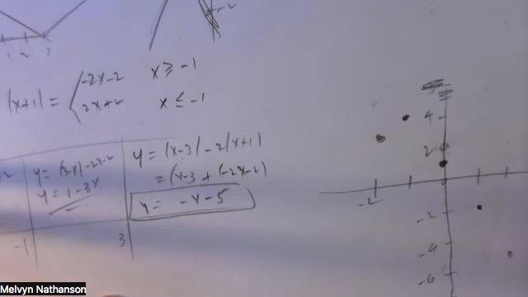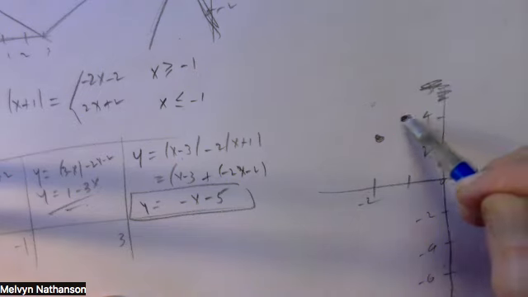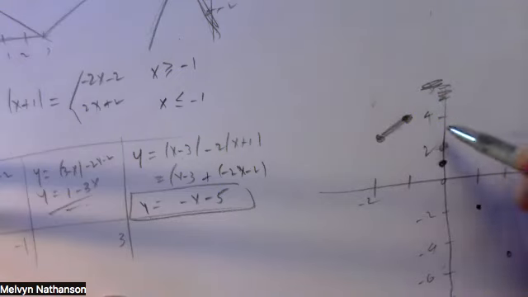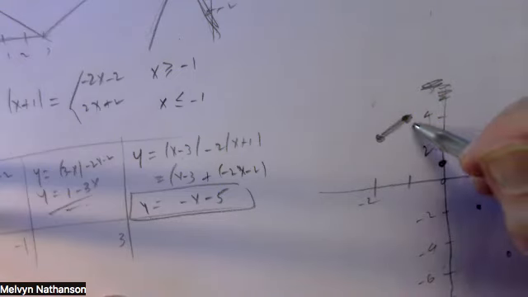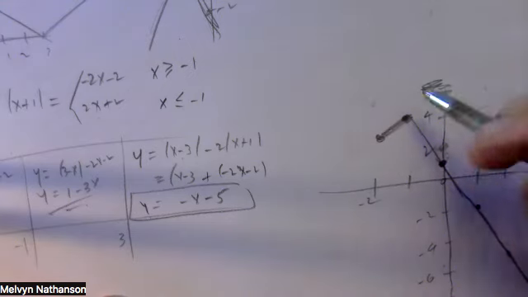So what is the graph of this function going to look like? For x less than -1, it's x plus 5. Here it's 1 minus 3x. Yeah, that's the graph of the function.